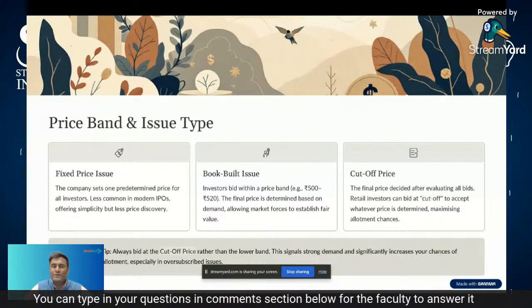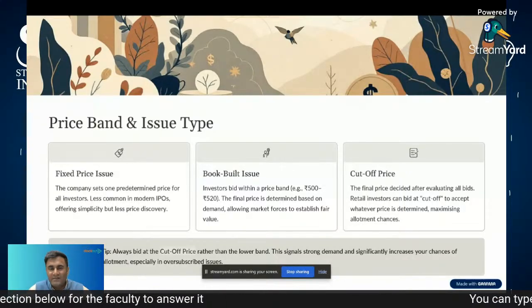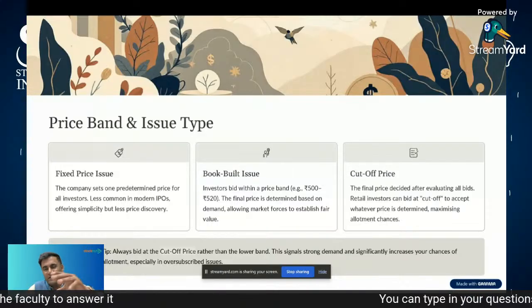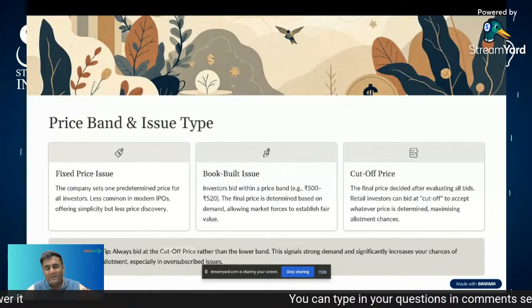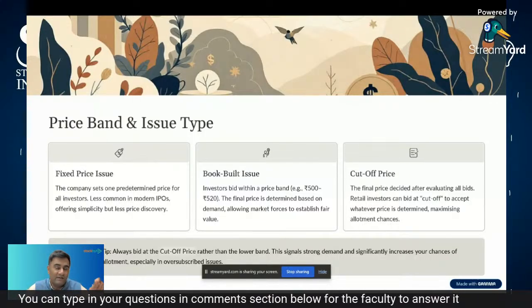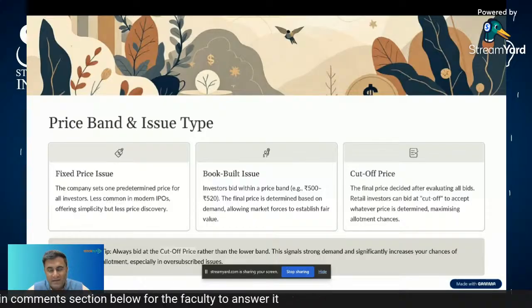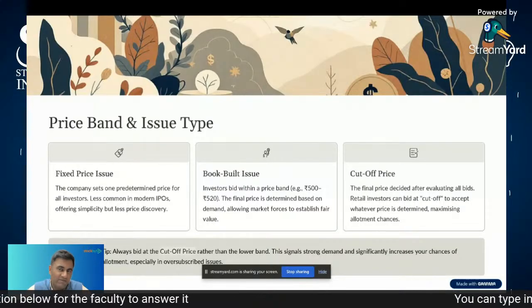It's not that you are applying at 520, so all your money is gone. No. If the final issue price is decided as 515, then whoever has applied at a higher price will receive that refund, at a retail level. Okay, at a retail level you will get that refund.